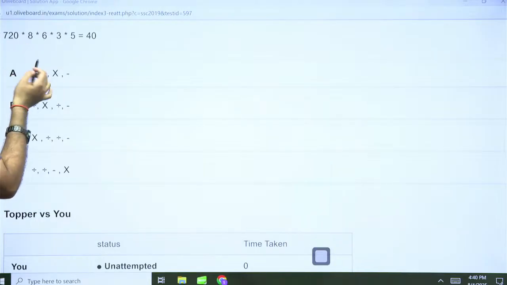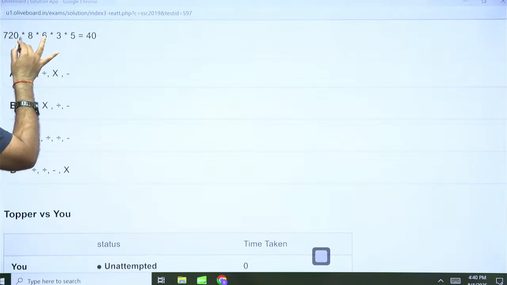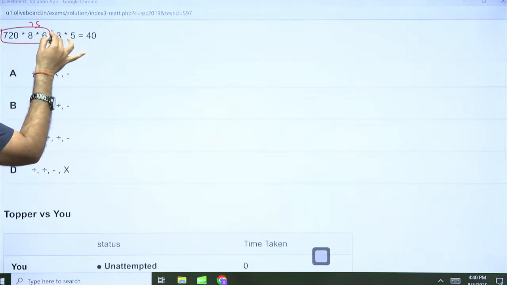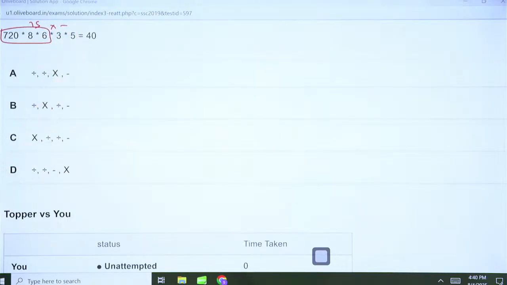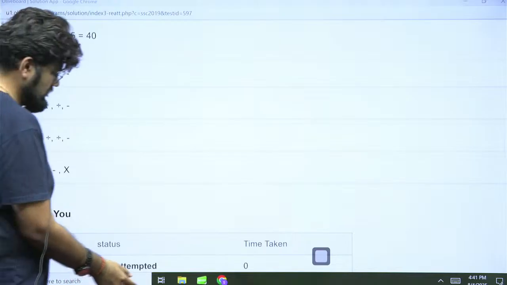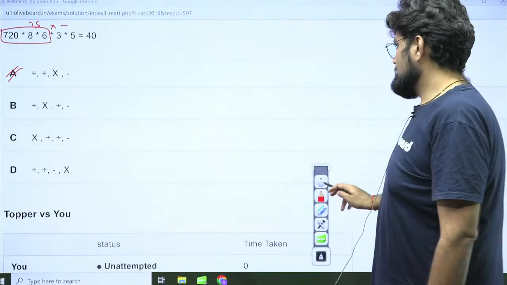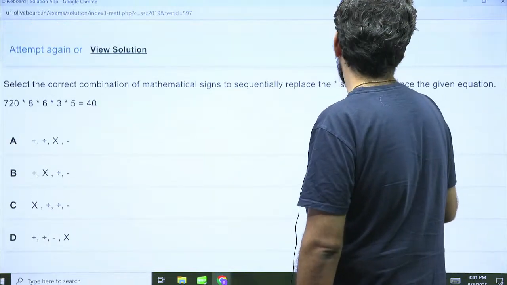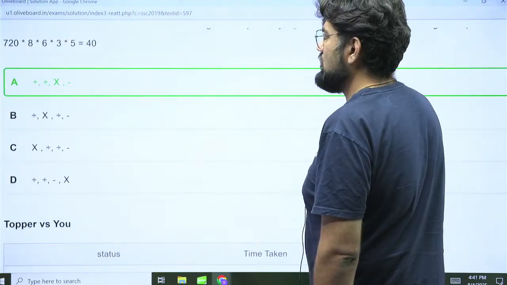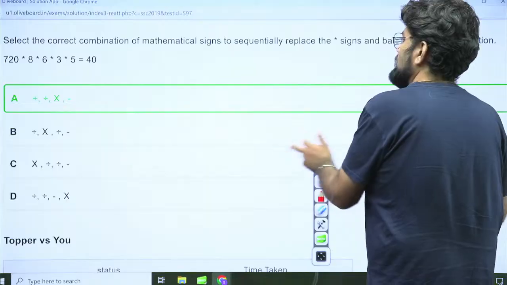Okay, there are 2 divisions almost everywhere. So this is 90 and 90 divided by 6 is 15. Okay, 15 into 3 minus 5. Is it 40? Yes, it is. Are we that lucky? Hopefully the question. Yeah. Cool. 25 seconds. Good.